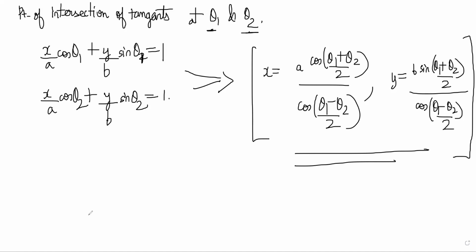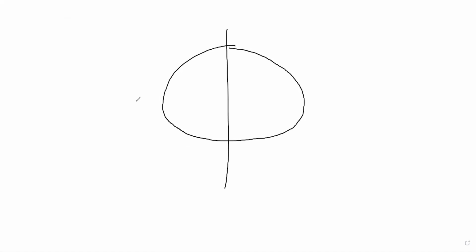Okay, if I draw an ellipse like this, let's say P is a random point here.